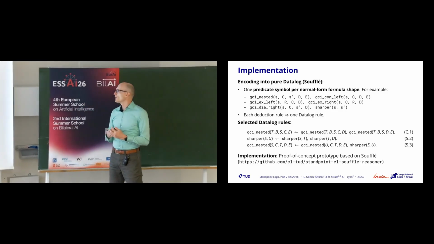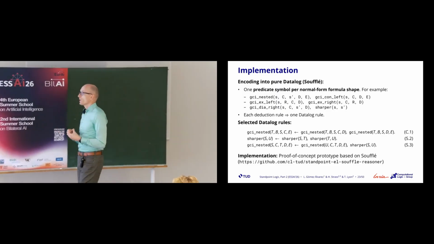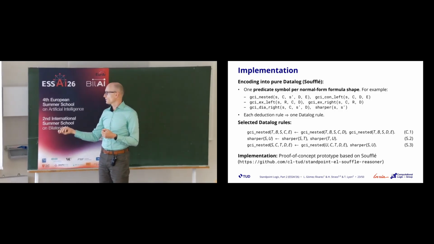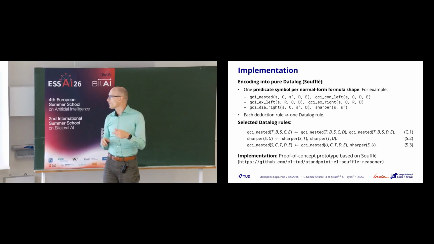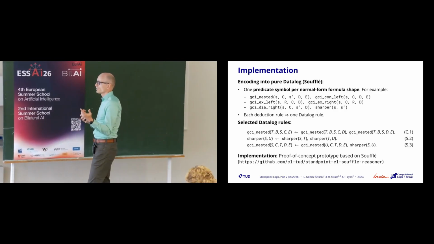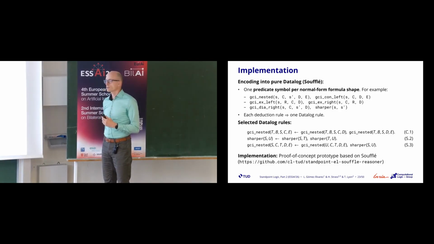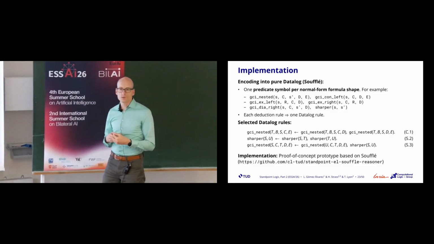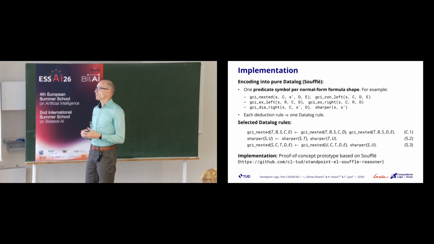So we have a proof of concept implementation of this, a prototype based on the Datalog reasoner Souffle. We used Souffle because back at the time, a couple of years ago, it offered nice software engineering features, such as static typing and algebraic data types, which are very useful if you have many complex rules and complex data types.